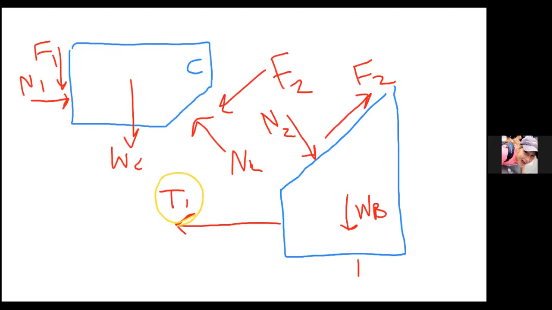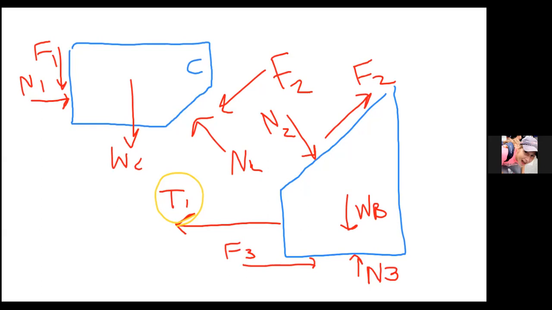And then just so I don't forget, there's going to be a normal force down here, which I'll call N3, and a frictional force down here, which I'll call F3, just for reference. A lot of the equations I'm going to write down are in terms of variables. So if you see N3, if you see N1, just know what normal force, what frictional force I'm talking about for reference.